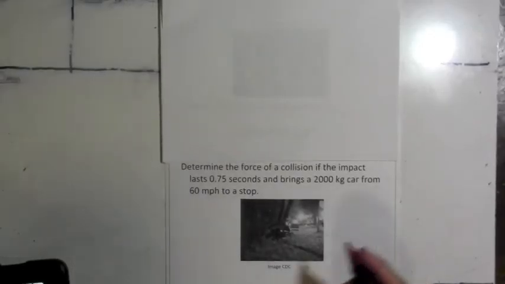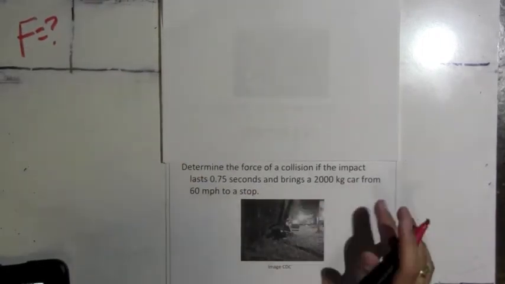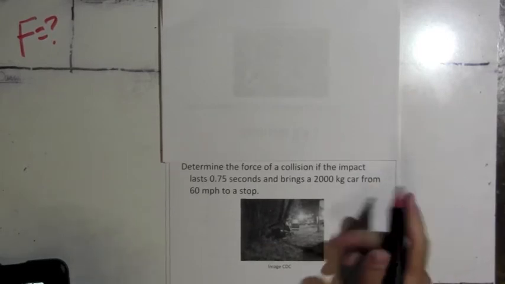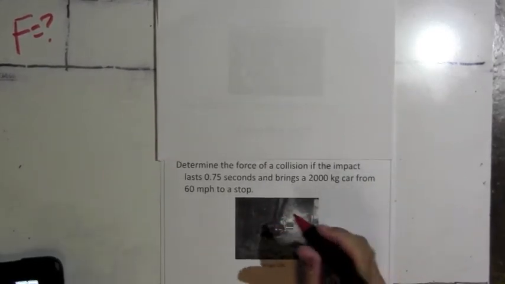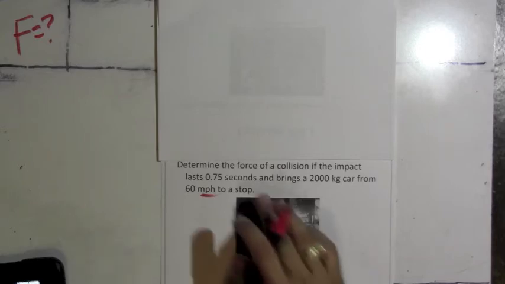Okay, this question says determine the force, so we're looking for F, if the impact lasts 0.75 seconds and brings a 2,000 kilogram car from 60 miles per hour to a stop. I'm going to underline miles per hour because you should know by now that it's not something we deal with, and you should recognize that we're going to have to convert.